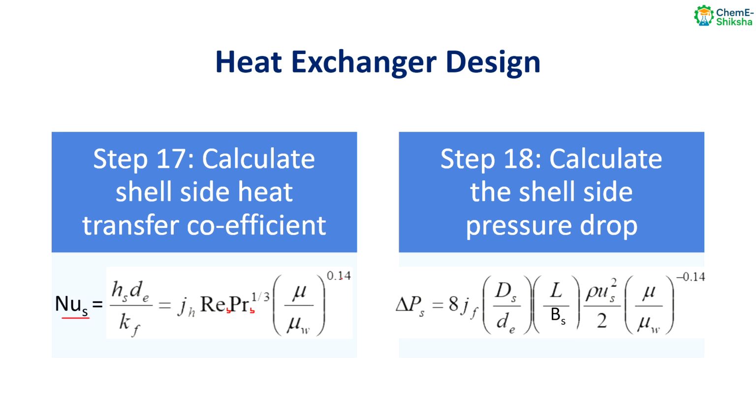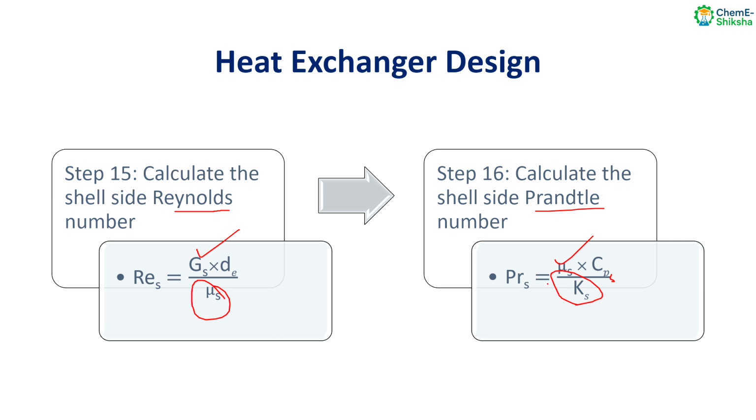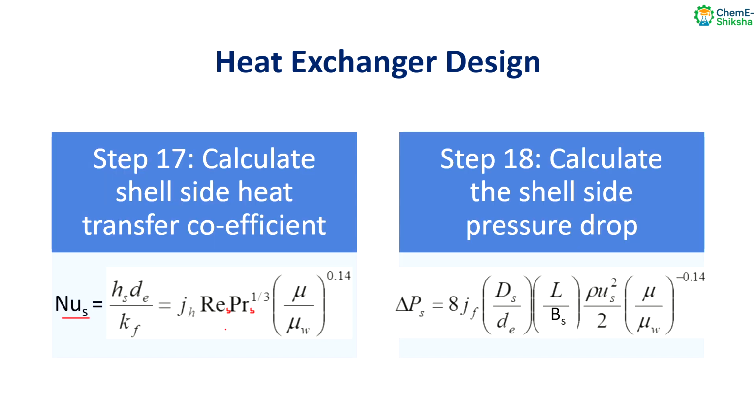So this is the equation for the shell side fluid heat transfer coefficient: Nus is equal to Jh into Res into Prs to the power 1/3 into (mu by mu w) to the power 0.14. We have calculated the Reynolds number and Prandtl number for the shell side fluid, so we can put them over here.